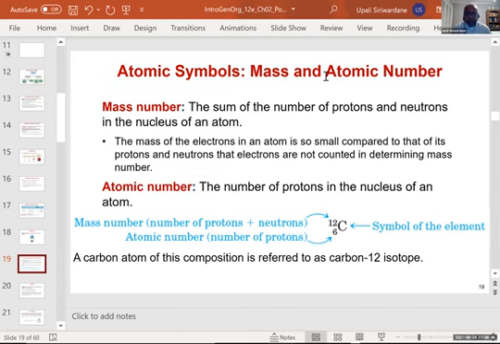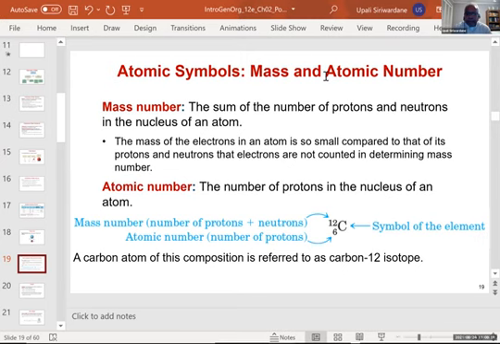Atomic number is the number of protons in the nucleus. Proton number is also the atomic number. It is also the same as the number of electrons in a neutral atom.